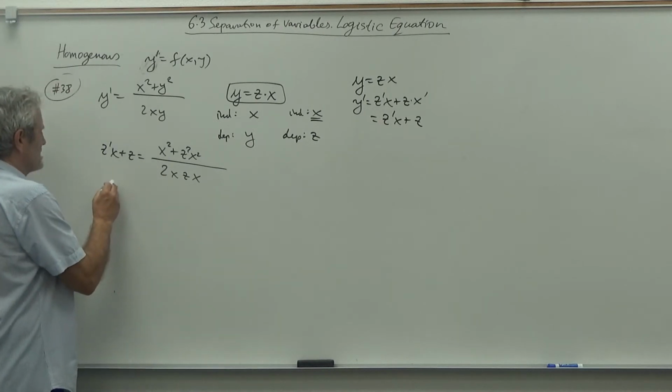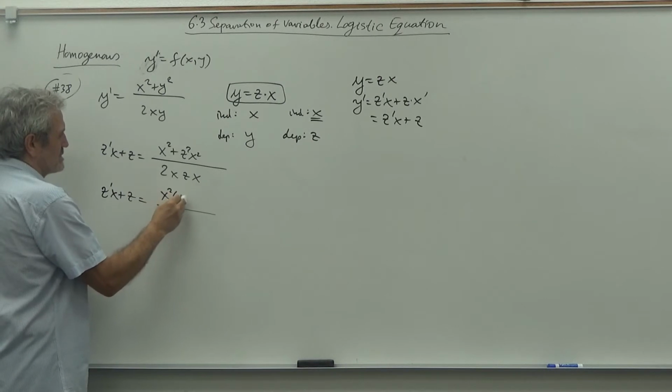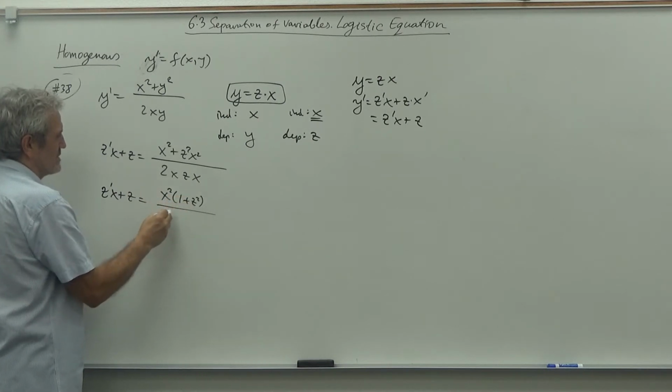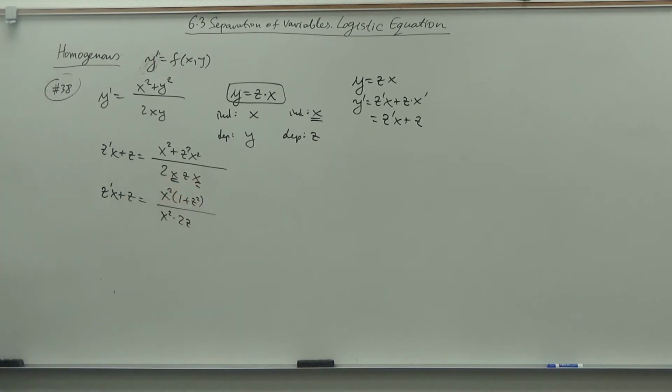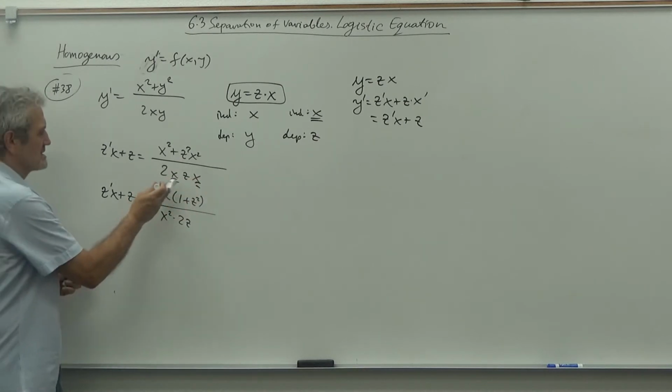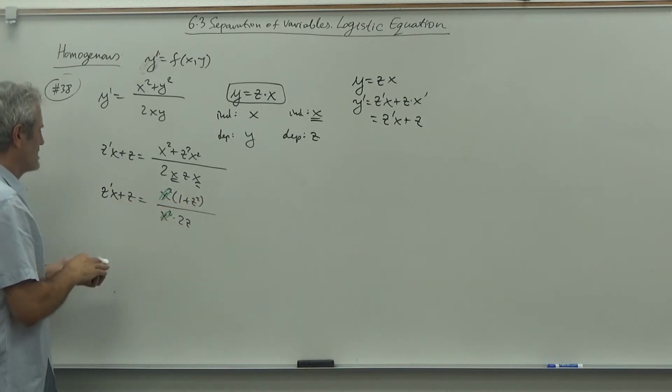So we get z prime x plus z equals x squared times (1 plus z squared) over x squared times 2z. I cancel the x squared, and x is gone on the right. I still have little troubles with this z, but I'll bring z over anyway. That's not a big deal.